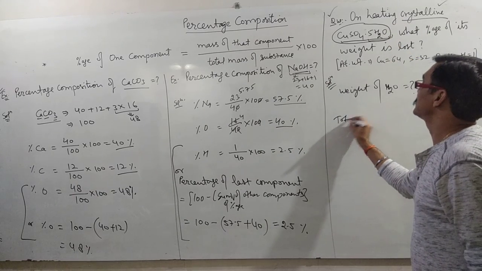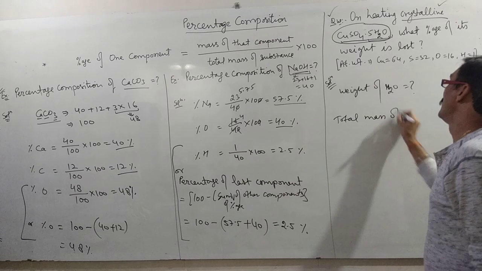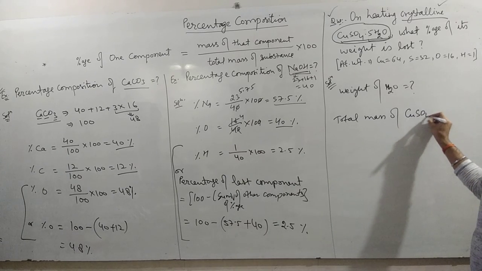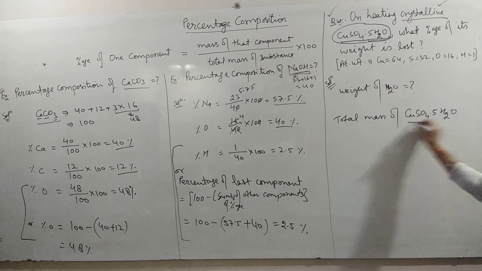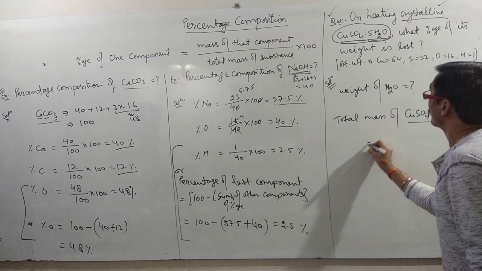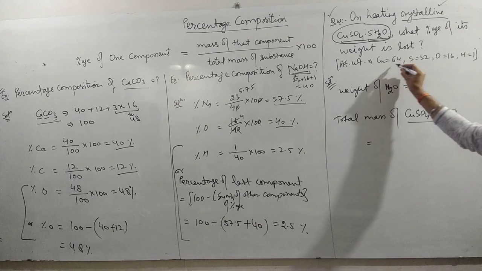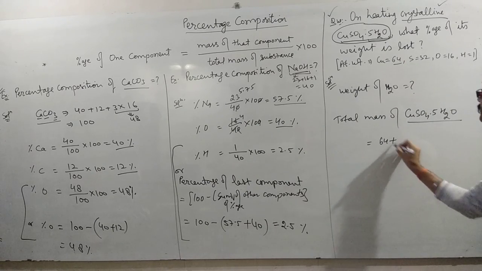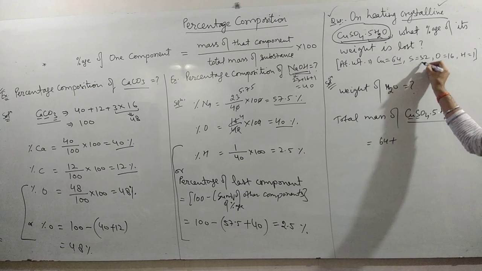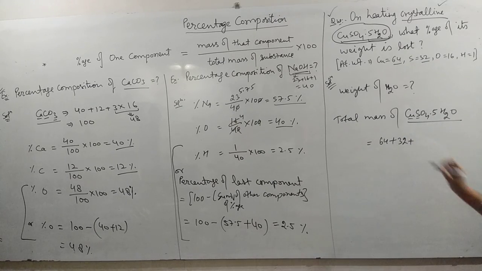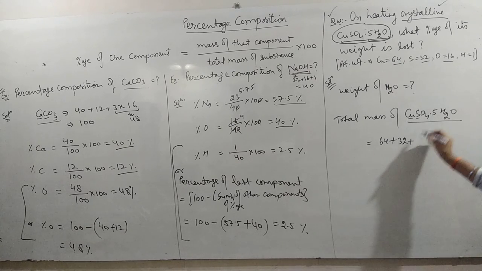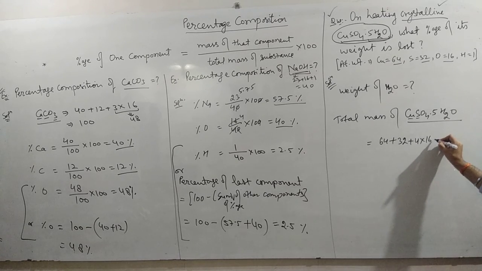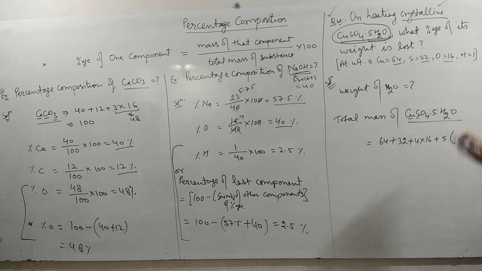The total mass of crystalline copper sulfate, that is the formula mass, is: for copper 64 plus for sulfur 32 plus for oxygen 4 atoms, so 4 into 16, plus 5 into the molar mass of water 18.